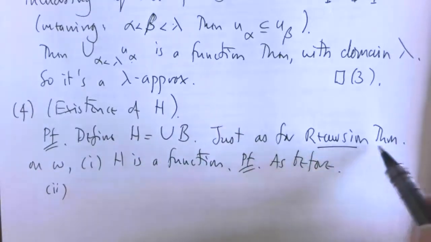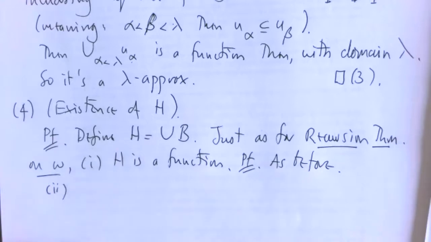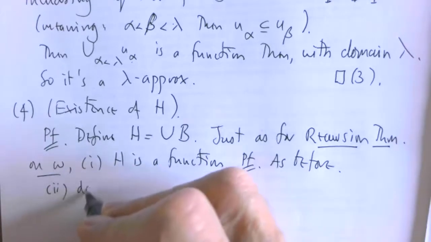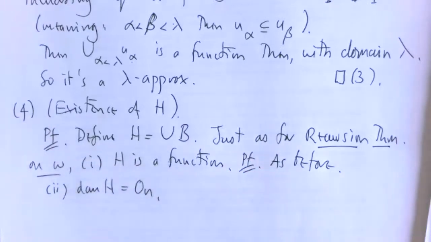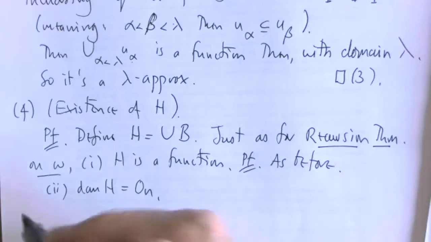By before, I mean as in the recursion theorem on omega. And the point is that H has got domain all the ordinals. That's what we want. And we could do more or less the same argument as before, except now, of course, we've got another case to consider because our ordinals come in three flavors. There's not just 0 and successor k's, k plus 1s. We have these limit ordinals as well.